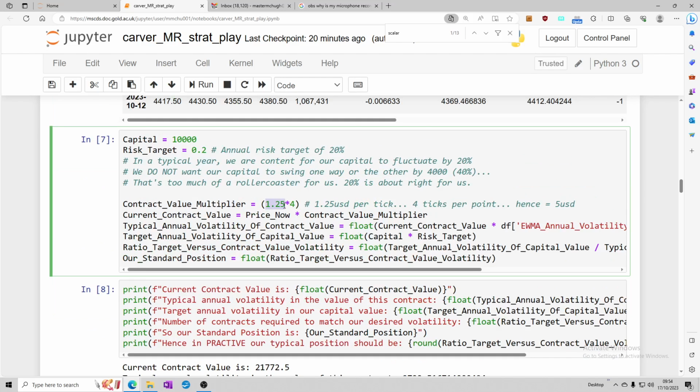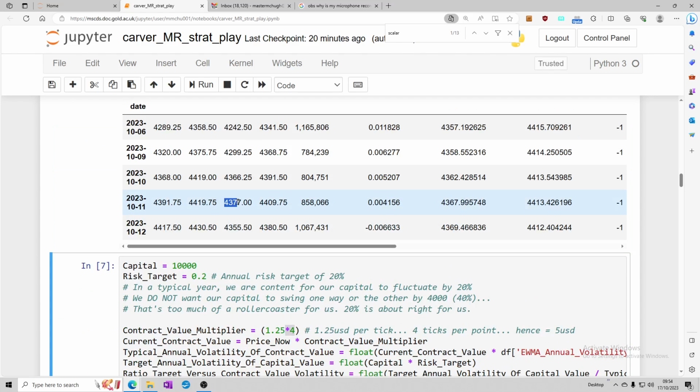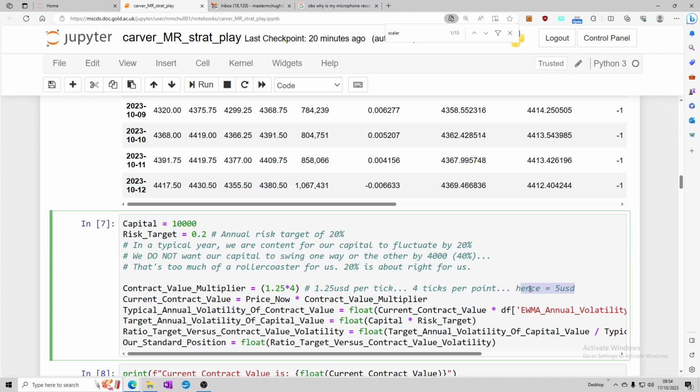The contract value multiplier. Each tick of the E-mini micro is worth $1.25. There are 4 ticks in a point. So to go from 4377 to 4378, there are 4 ticks. So each point is worth $5. Hence the contract value multiplier is equal to 5. The current contract value is just this multiplier multiplied by whatever the current price is.